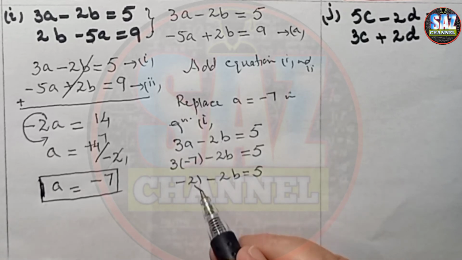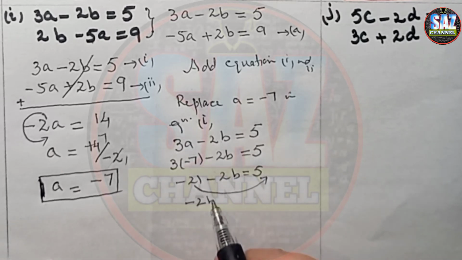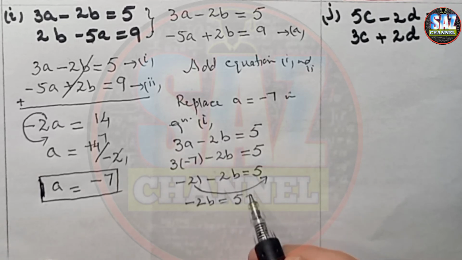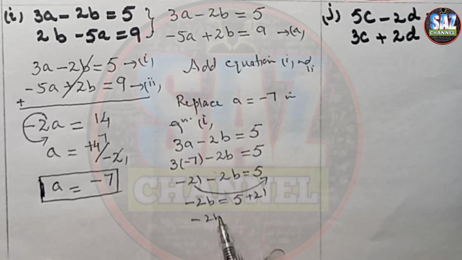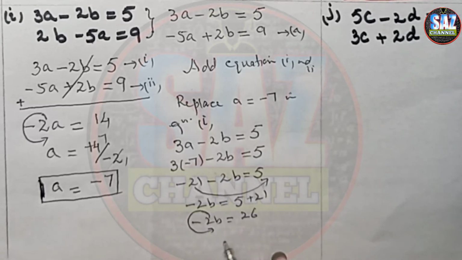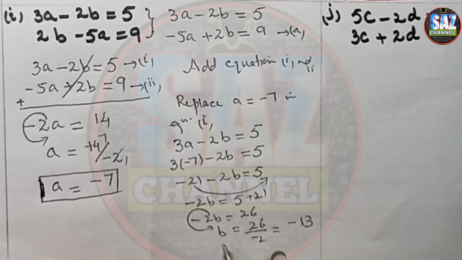Shift minus 21 to the other side. This will give me minus 2b equals 5 plus 21, so minus 2b equals 26, and b equals 26 by minus 2, which is equal to minus 13. So b equals minus 13 for this situation.